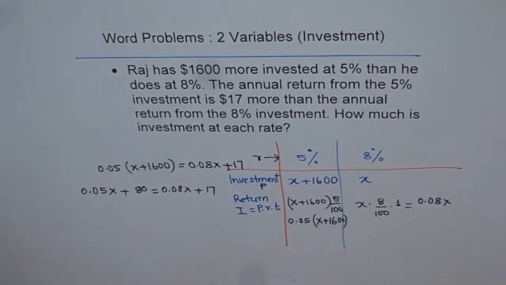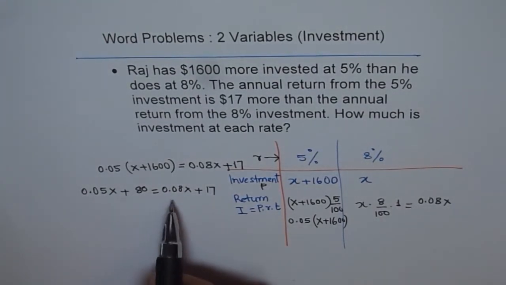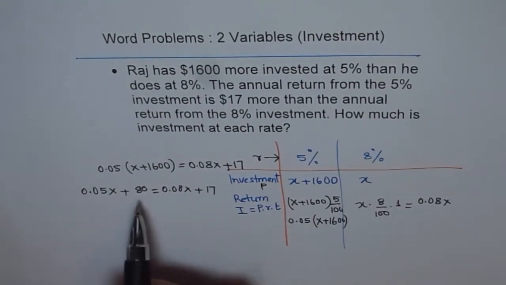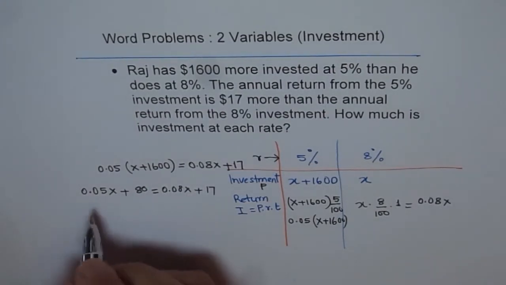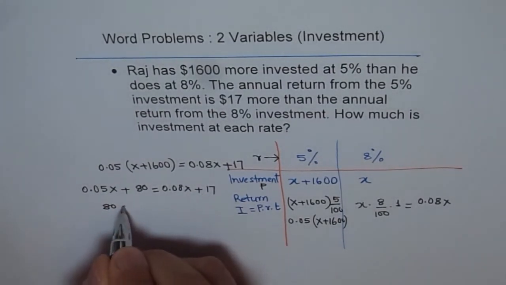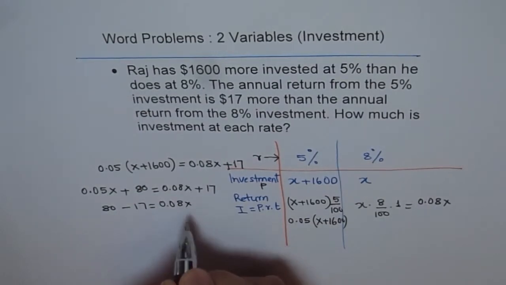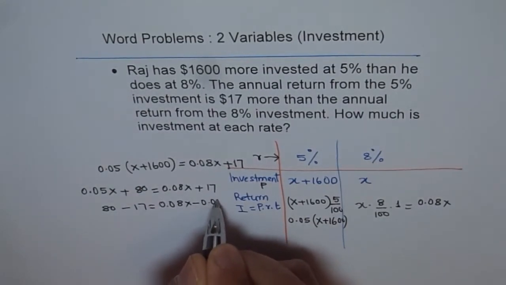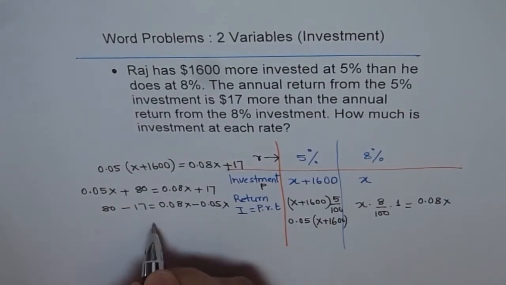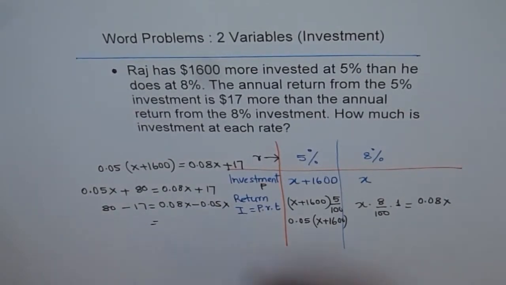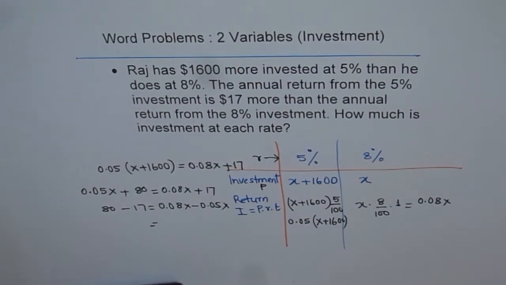Now we can bring the like terms together and the constants together. So we get 80 minus 17 equals 0.08x minus 0.05x. Now we get 80 minus 17, let's use the calculator. So 80 minus 17 is equal to 63.